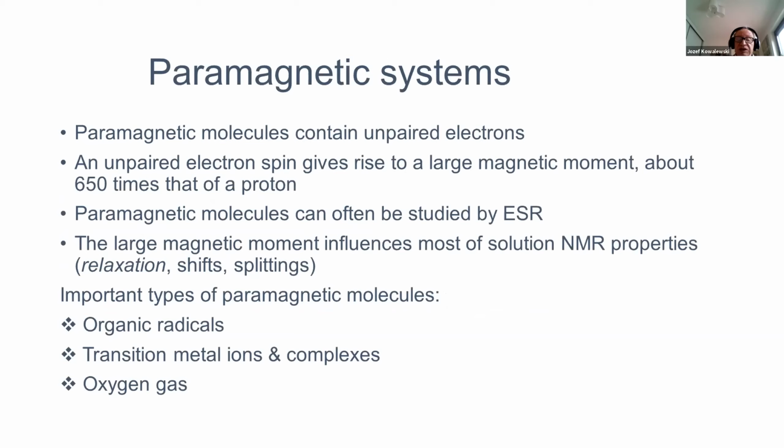Paramagnetic molecules are often studied by EPR, but they also have a very strong influence on solution NMR properties, such as relaxation, shifts, splitting. I will concentrate in this talk on relaxation. There are many types of paramagnetic molecules, but I will concentrate on the three types shown here: organic radicals, transition metal ions and complexes, and oxygen gas.